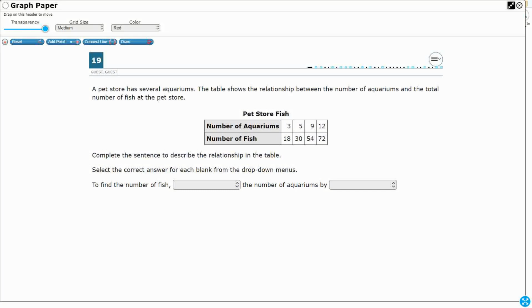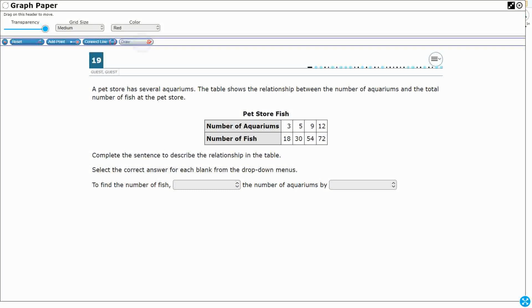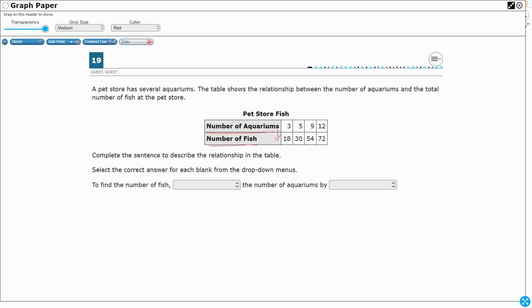We've got a pet store, and we see this is a graph that kind of moves horizontally. And so we see this relationship between the number of aquariums and the number of fish. And since those are stacked on top of each other, we're going to be looking up and down like this. So to find the number of fish, okay, so it equals the number of fish.